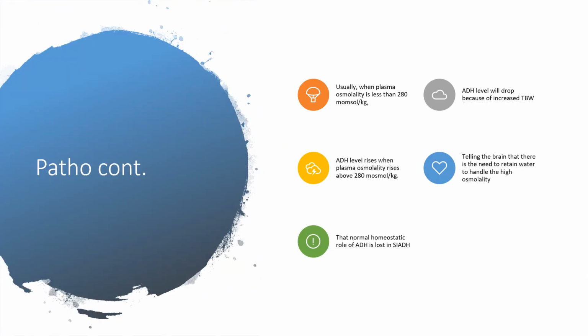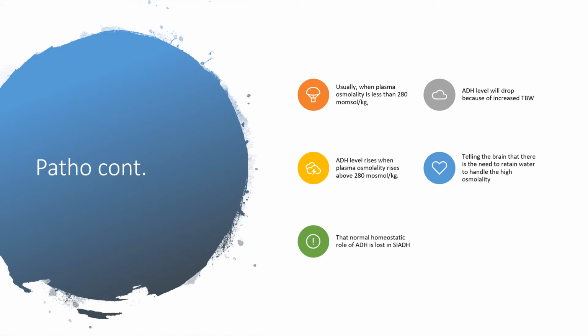Still on pathophysiology, someone might be saying, oh, how long is it going to spend on pathophysiology? When you know it, then you'll be able to salvage the problem. Usually, when plasma osmolality is less than 280 milliosmoles per kg, the ADH level of vasopressin will drop.